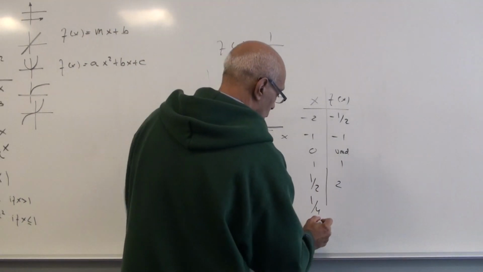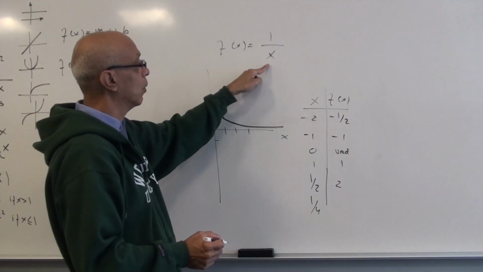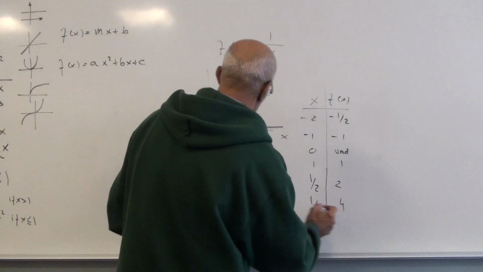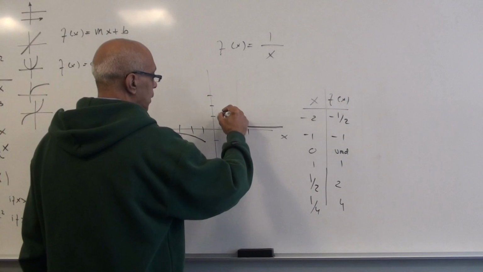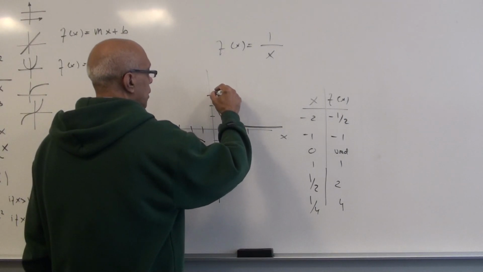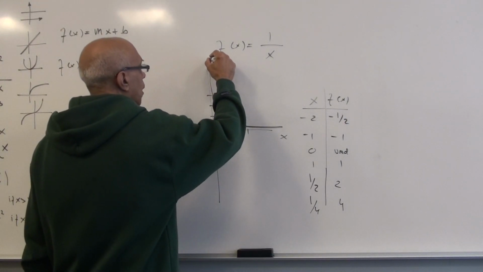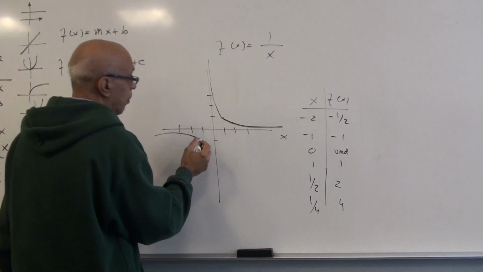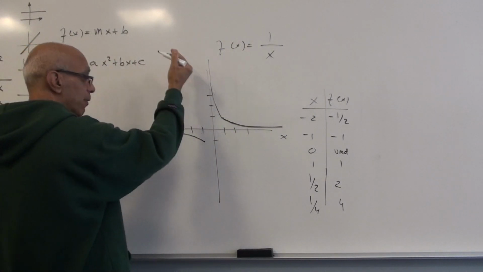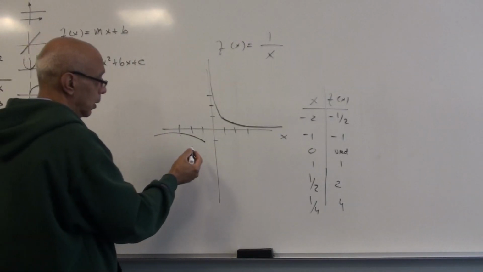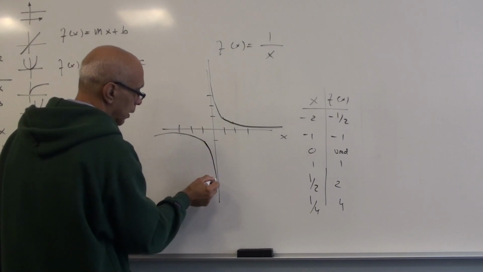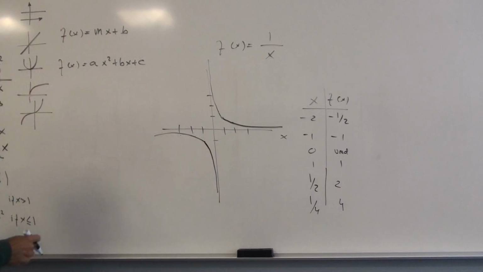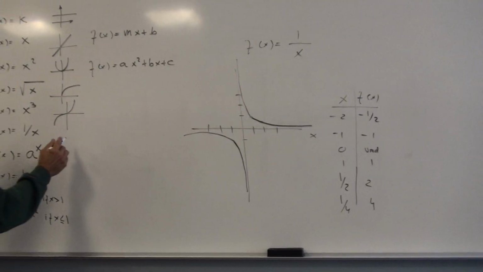When it's 1/4, 1 divided by 1 over 4 is 4. So we see that this here is actually increasing at a very fast rate, and will go up very quick, but again, we'll never intercept the x-axis. So there is no y-intercept here. When x is 0, there is no y-intercept. So that's how the reciprocal function looks like.